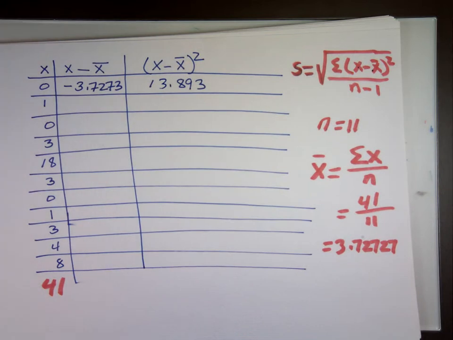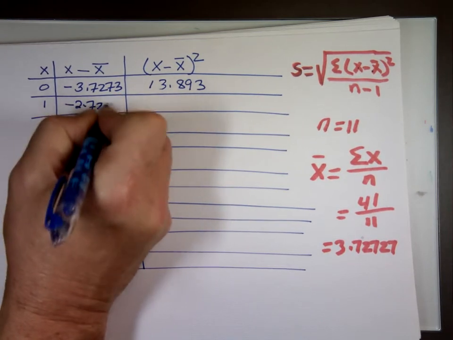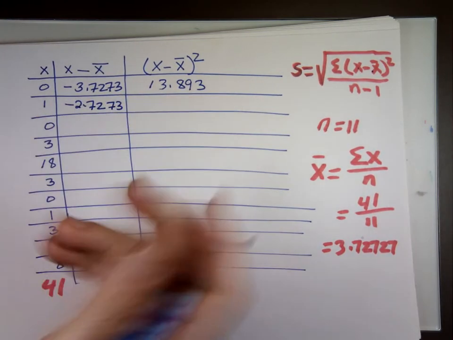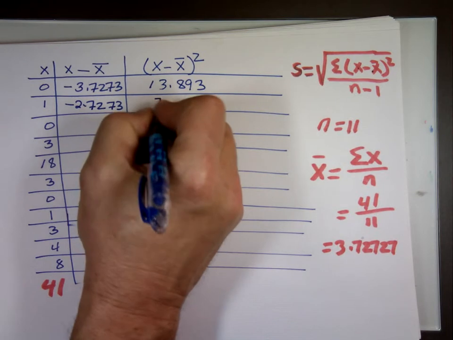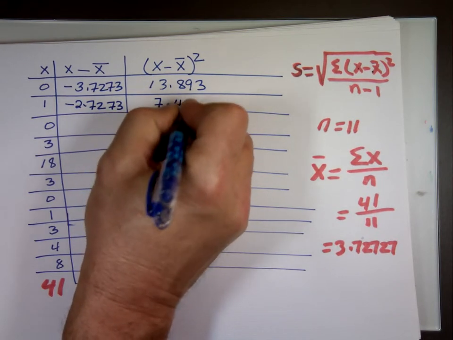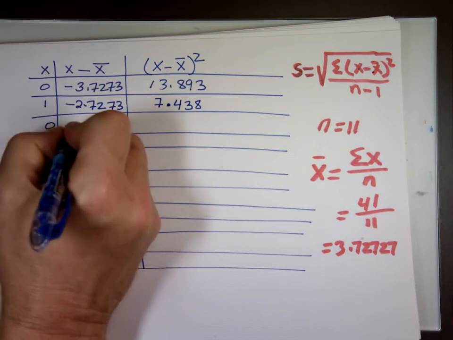The next number, 1 minus 3.7273, negative 2.7273. Again, that's less than 3. If I square it, should be less than 9. 7.438. That's good. The 0 is the same number. I like when this is the same thing.